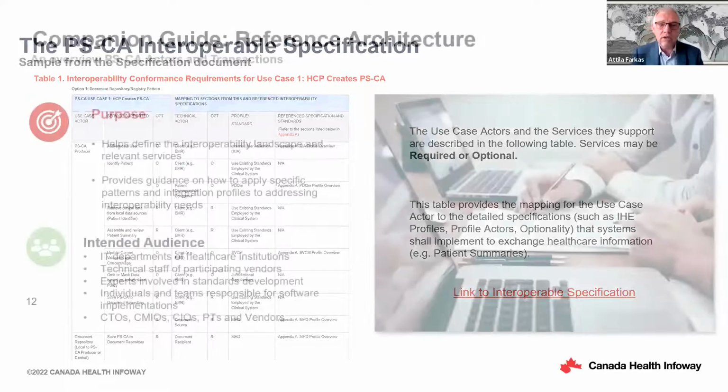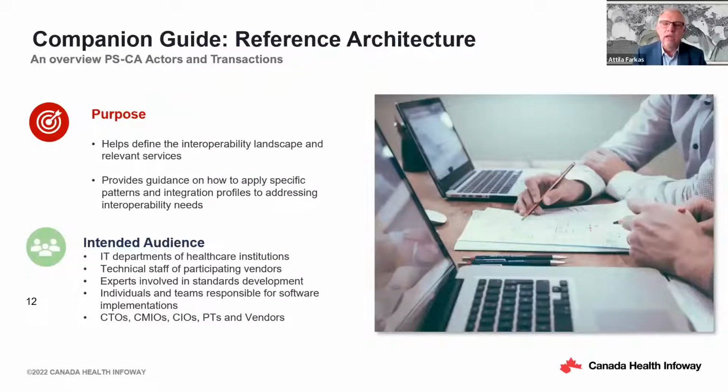And so in order to cover that part as well, we decided that the best way to analyze this is to look at the ecosystem and try to map the type of services you would expect from the perspective of a patient summary. So one of the companion guides that I pointed out in the beginning is, again, a document that talks a little bit more holistically about the space with a focus on patient summary, of course.